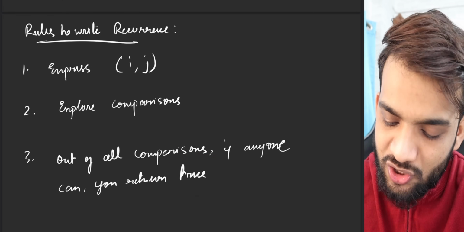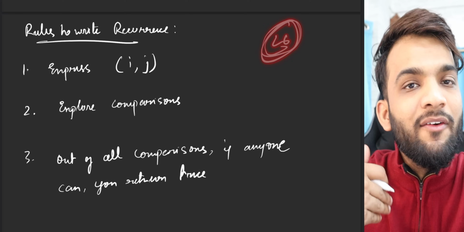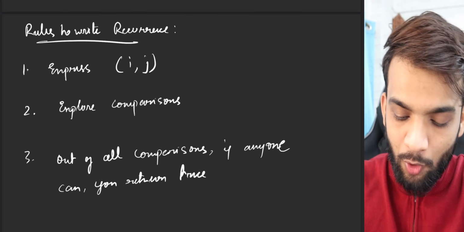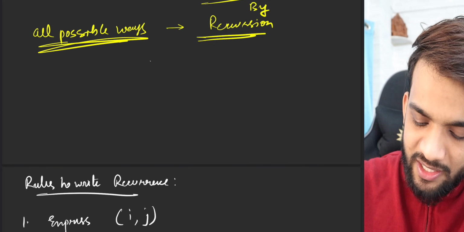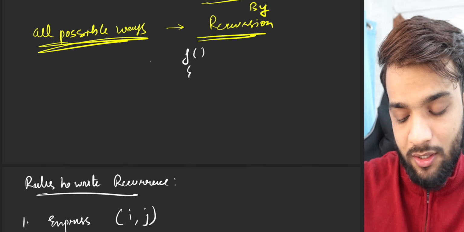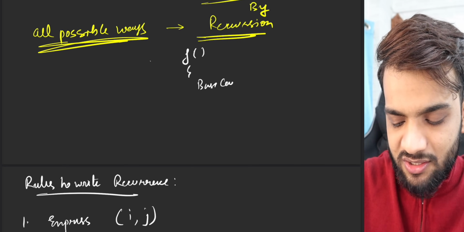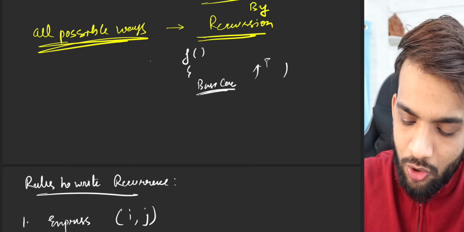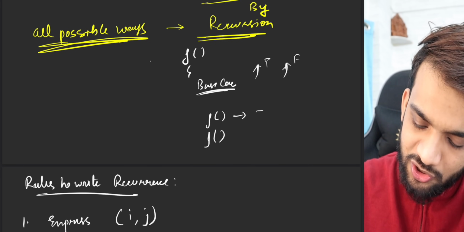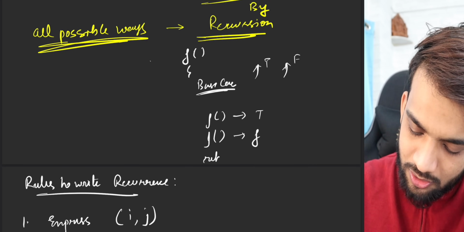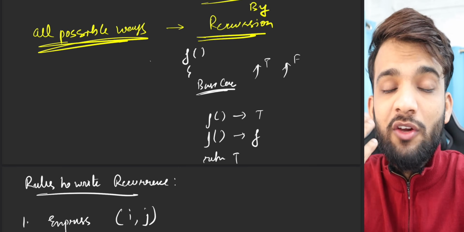If you remember lecture 6 of the recursion series, I have told you, whenever there is a problem which has to return a true or false, the standard pattern is very straightforward. You write an f and in the base case, you either return a true or a false. If there are multiple states, if this returns true and if this returns false, you will return true if you are looking for one true.